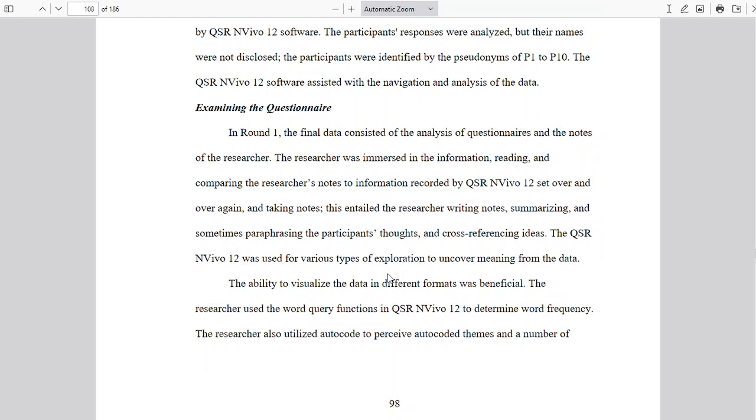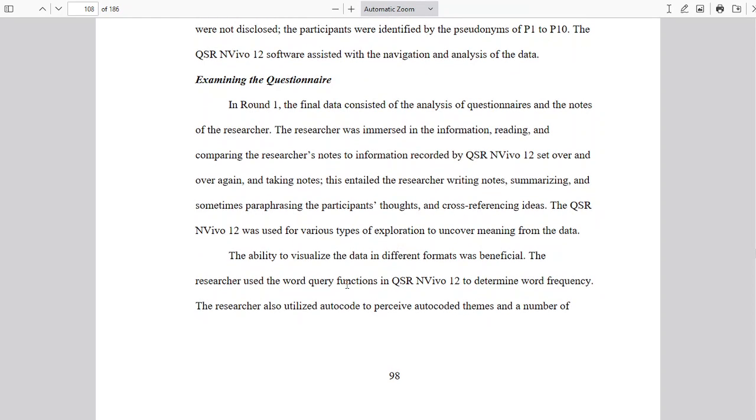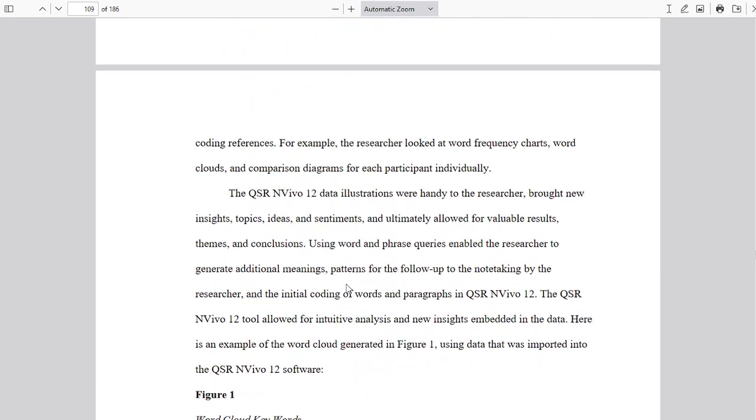There's a word frequency feature that I used. QSR NVivo had frequency charts, word clouds, and comparison diagrams for each participant individually.